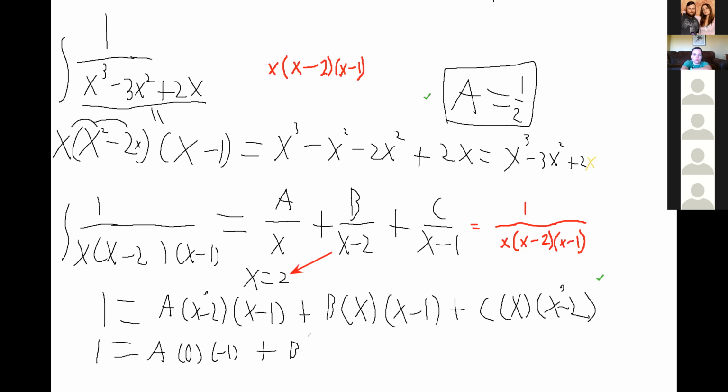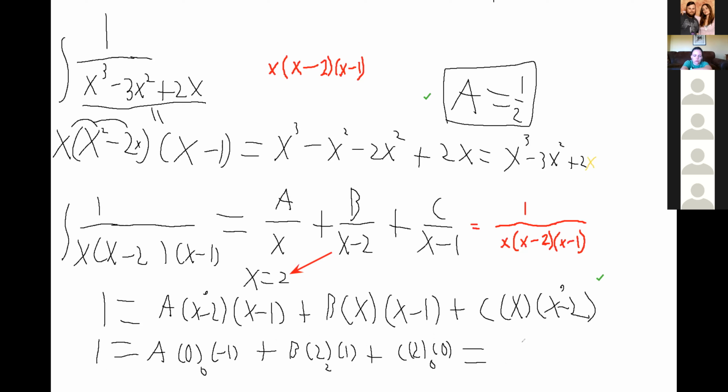B would be 2 times 1, which will end up to be 2. And then c would be 2 times 0, which will just end up to be 0. So here we got 2, we have 0.